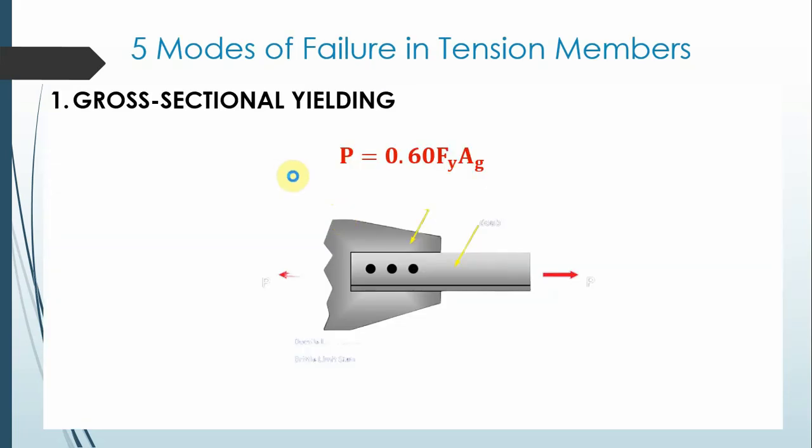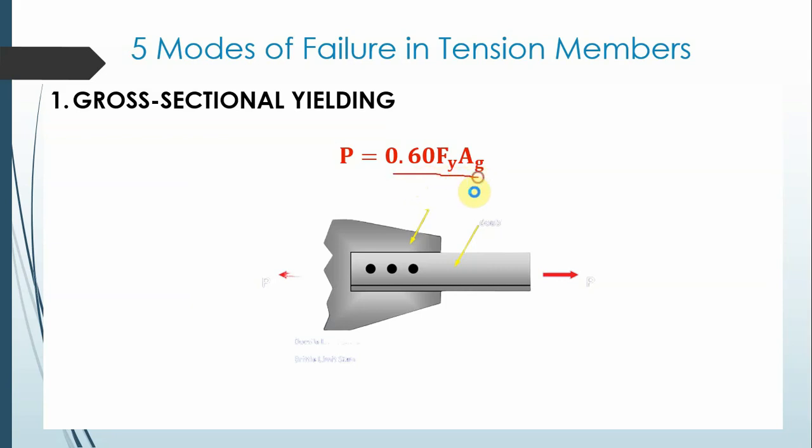Okay. Now first, we have to tackle the cross-sectional yielding. The cross-sectional yielding for the tensile force P is just equal to 0.60 F sub y, or our yield strength, times the cross-sectional area.